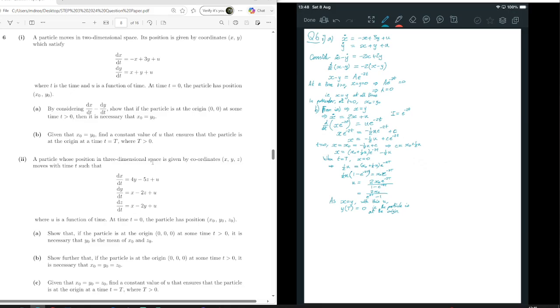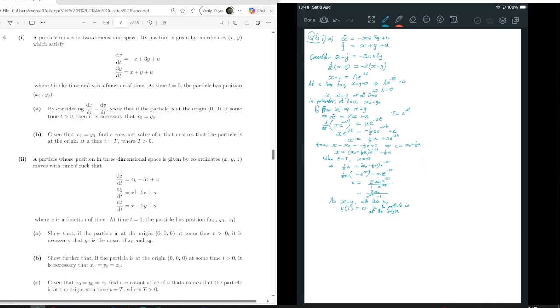Okay, so part 2 now of the question. We're now going into 3D space, and we therefore have a dx by dt, dy by dt, and dz by dt. I'm just looking straight away if there's any patterns amongst the coefficients. In the same way up in the top, we had a pattern where the x is added and the y subtracted to give the same value.